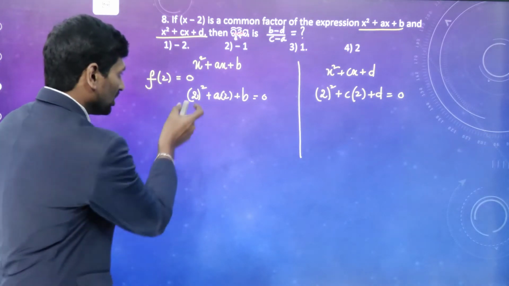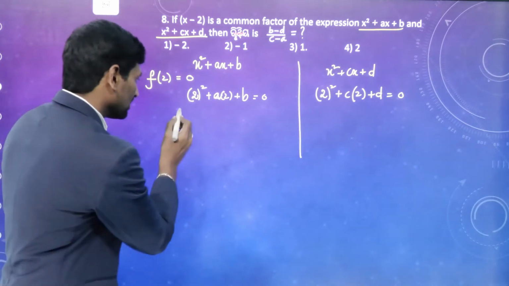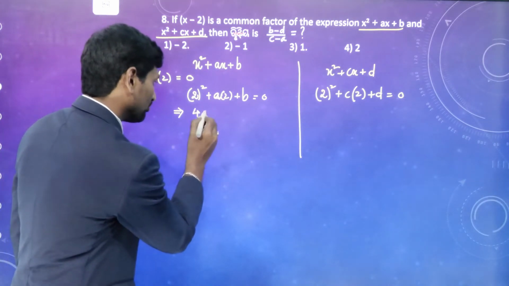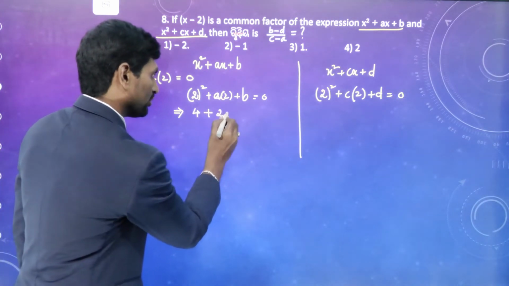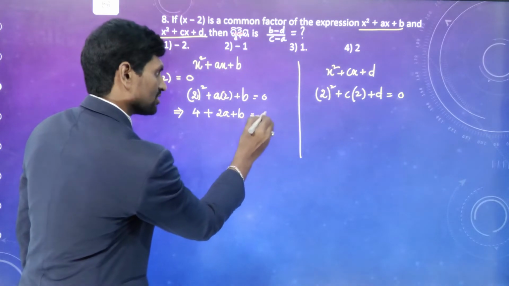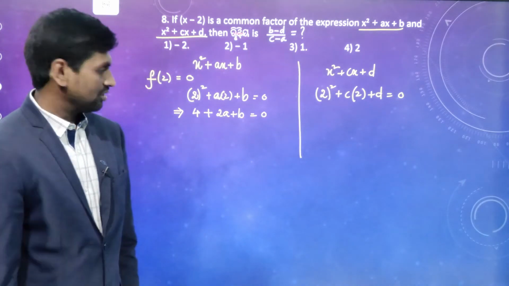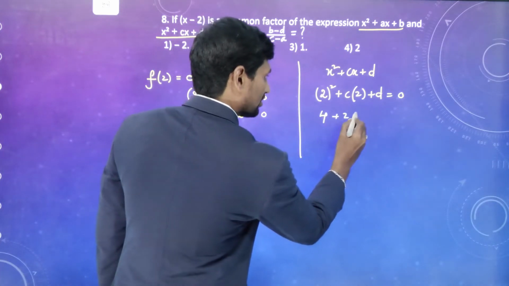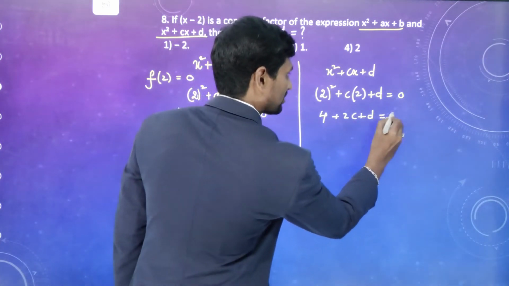Okay. Now 2 square value, how much? 2 into 2, 4. Very good. So 4 plus 2a plus b equals 0. Next this one, 4 plus 2c plus d equals 0.